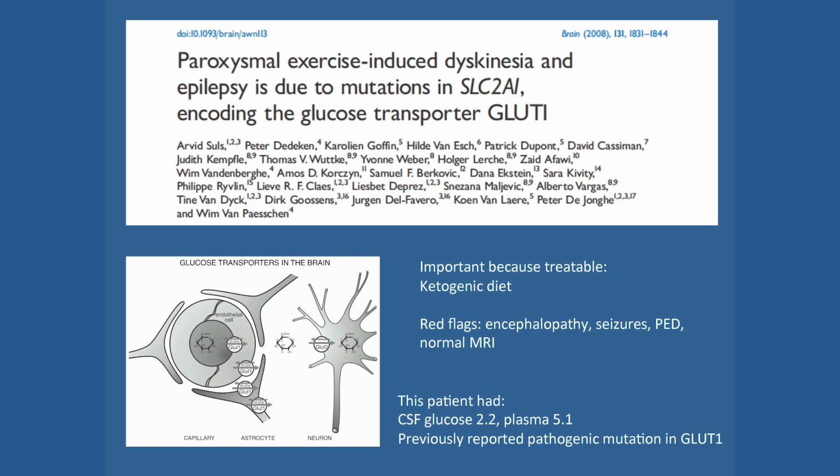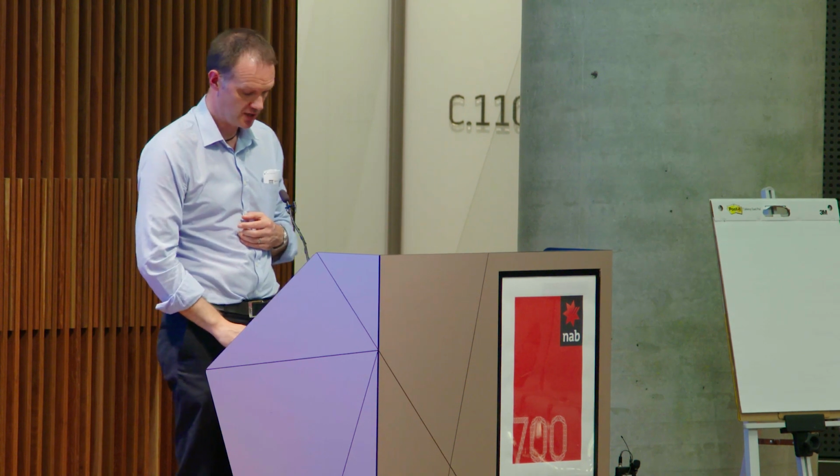But the importance of this is that it responds to the ketogenic diet, so a high-fat diet. Because they struggle to get sugar into the brain, you give them an alternative fuel source, namely ketones. The ketones can be the brain fuel, and they function better. And you diagnose it by showing low CSF glucose and genetically.